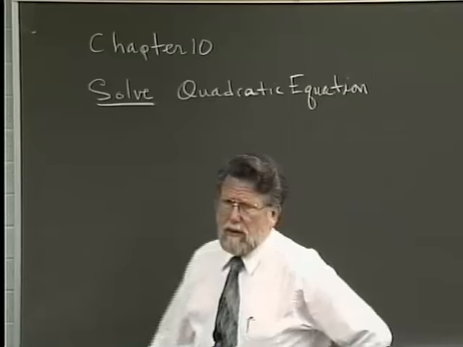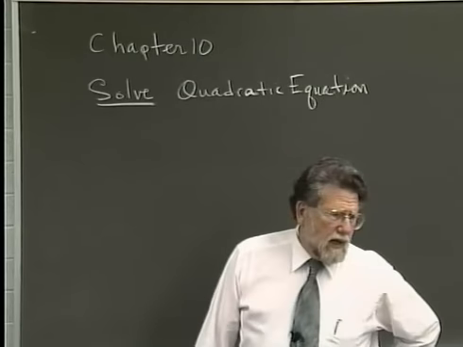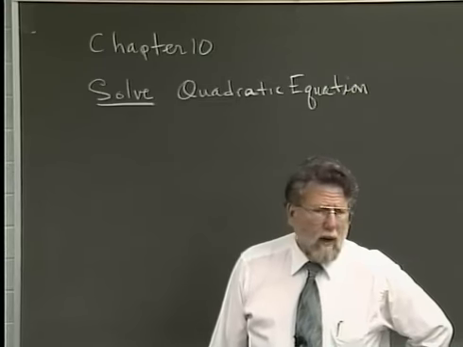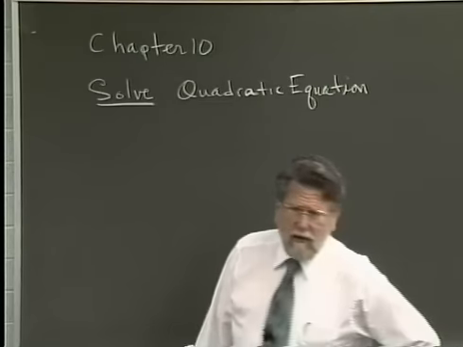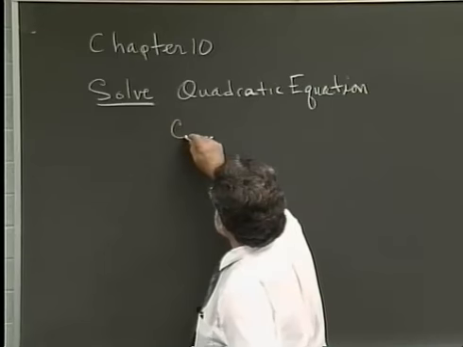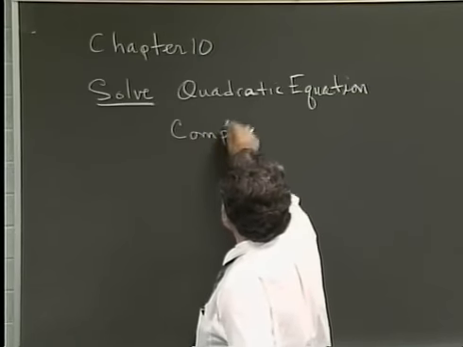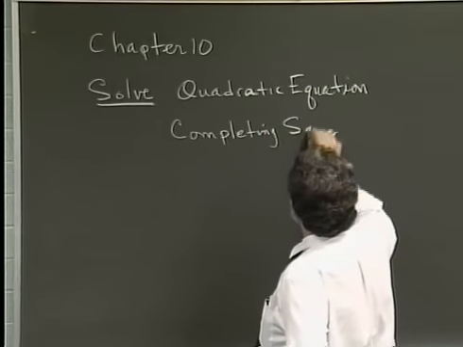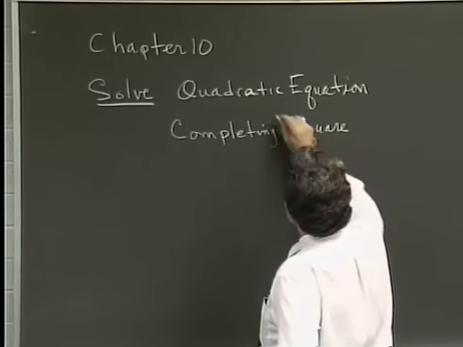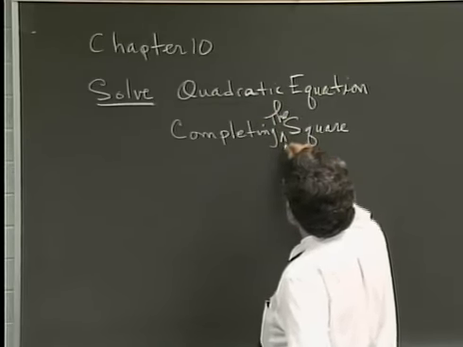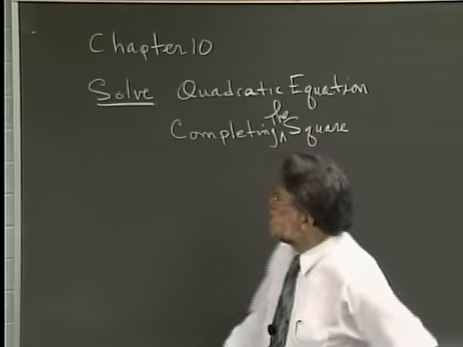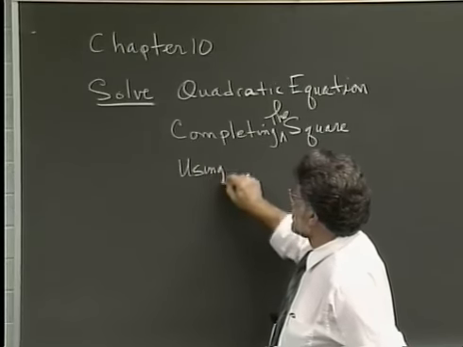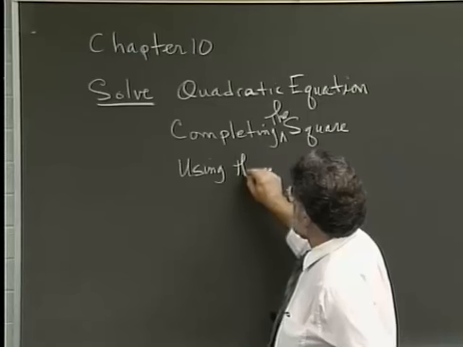And there were two key parts to this process that were new to you: completing the square, and the quadratic formula. So we had completing the square and using the quadratic formula.